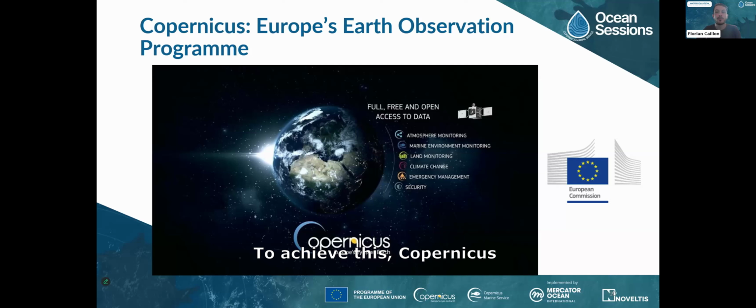To achieve this, Copernicus provides free and open data along with information covering the atmosphere, oceans, land, climate change, emergency management, and security. Each of these services follows the same principle: provide reliable, long-term Earth observation data that anyone can access at no cost.